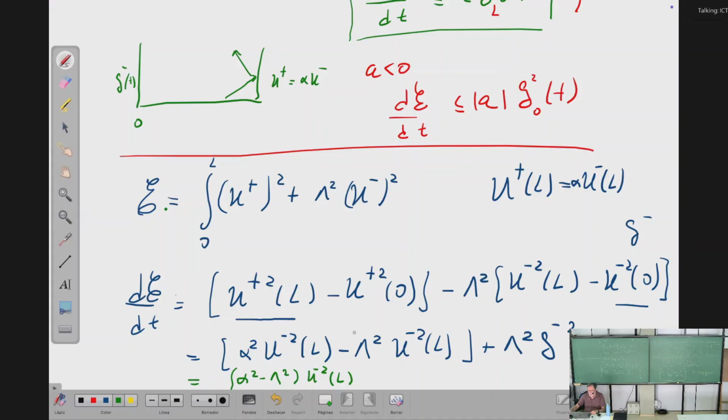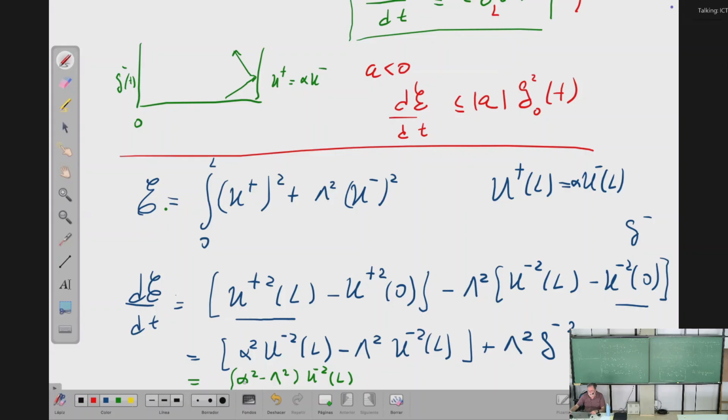So I will choose then gamma bigger than the absolute value of alpha.